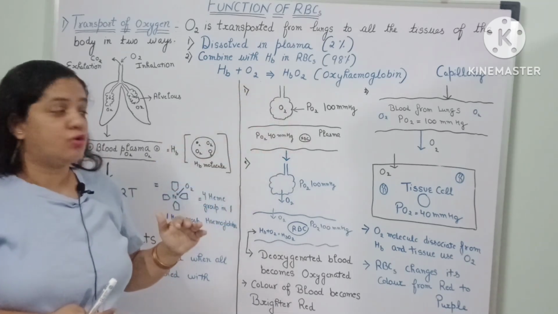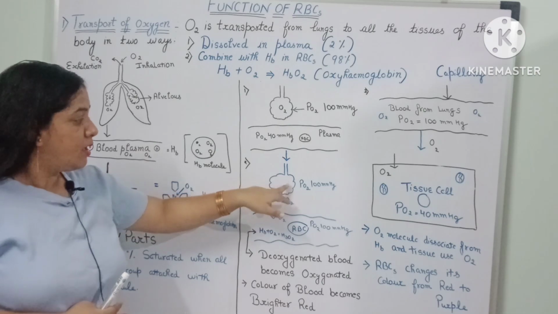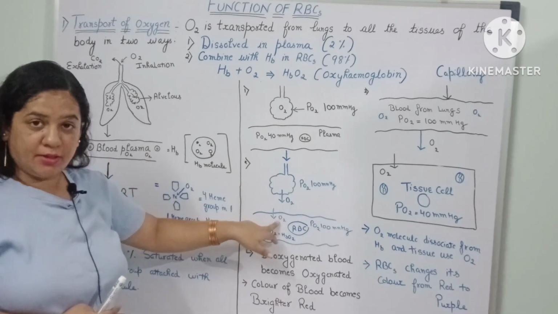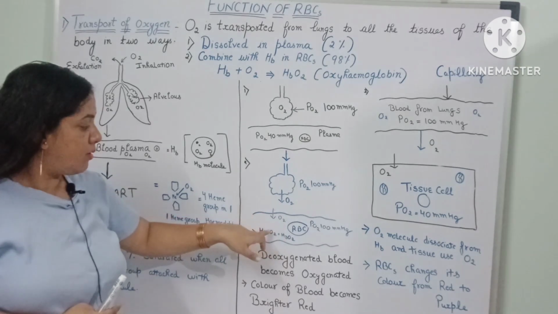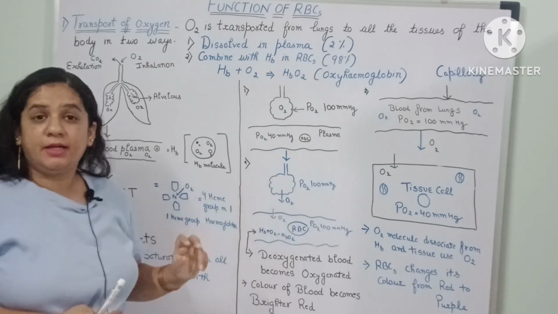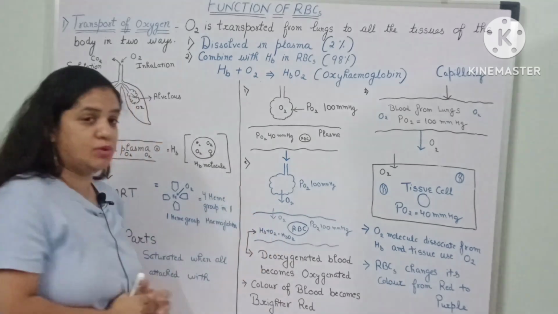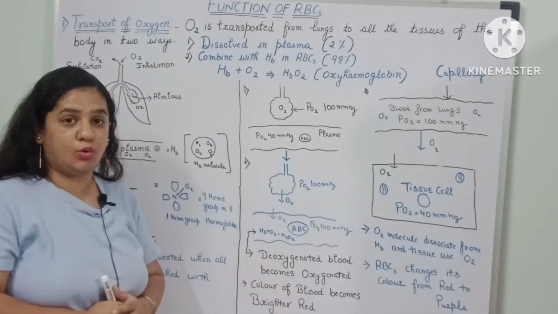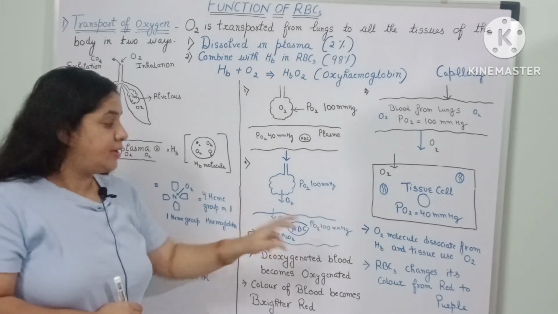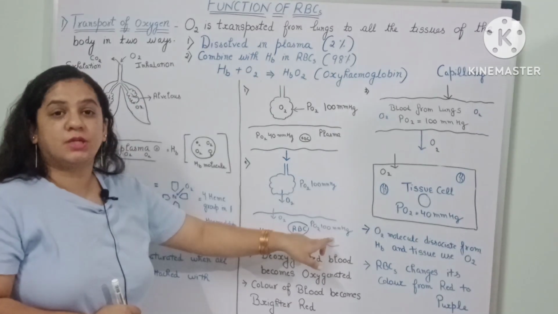So there is diffusion of gases, and the oxygen diffuses inside the capillary blood, where only 2% of oxygen combines with the plasma and the rest 98% combines with hemoglobin to form oxyhemoglobin. Then these red blood cells become oxygenated.